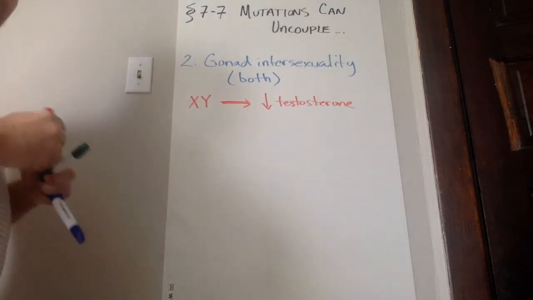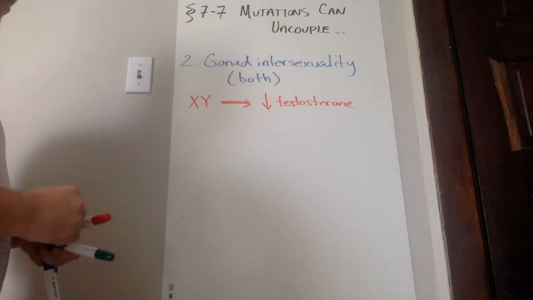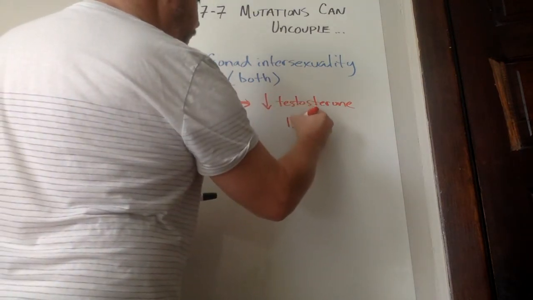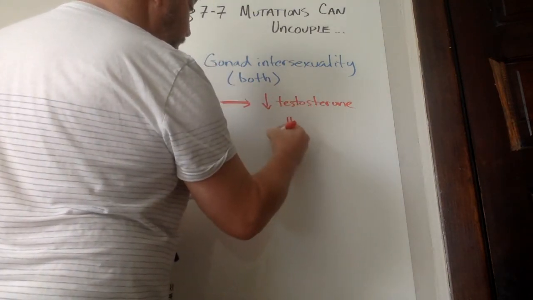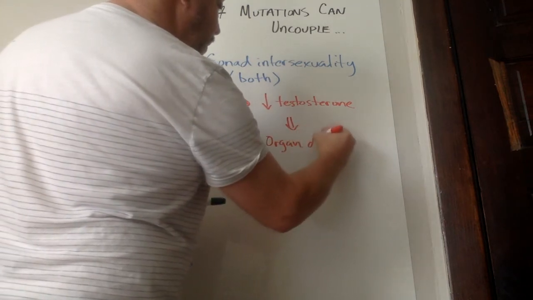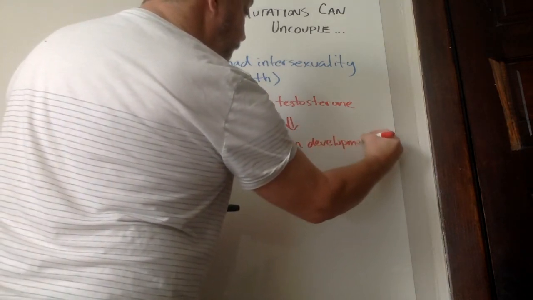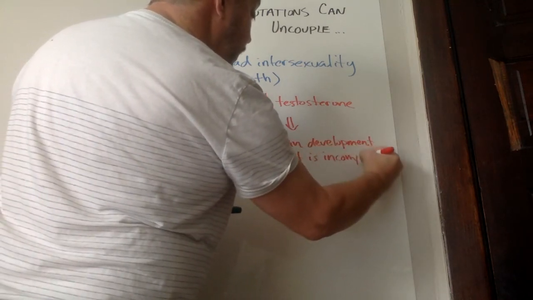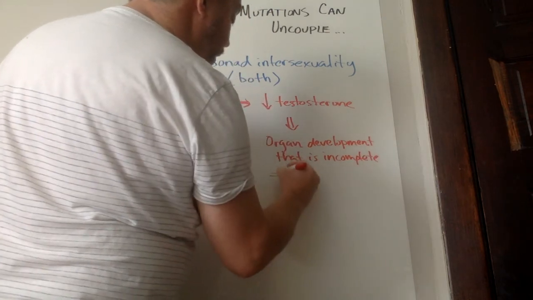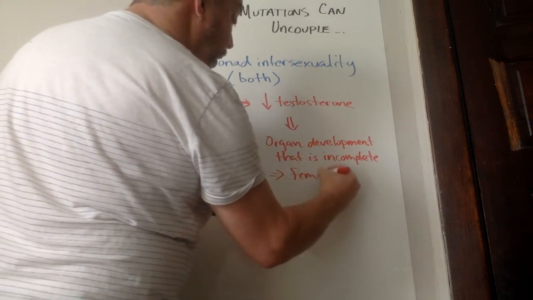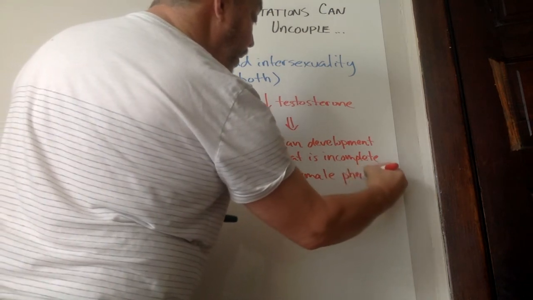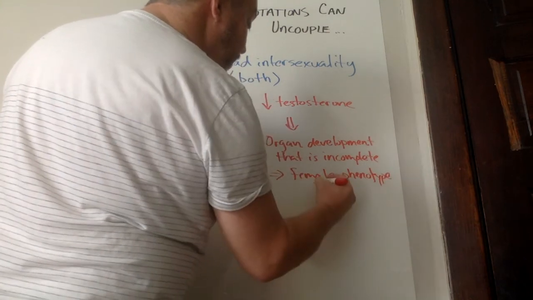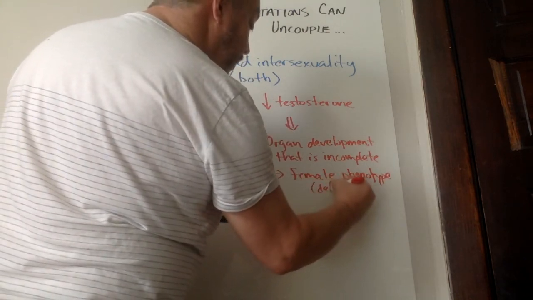Remember, testosterone is one of those hormonal signals that initiates the development of these structures. Because they don't get enough testosterone, you have organ development that is incomplete. And because organ development is incomplete, this person will end up with a female phenotype, because remember, this is the default plan.